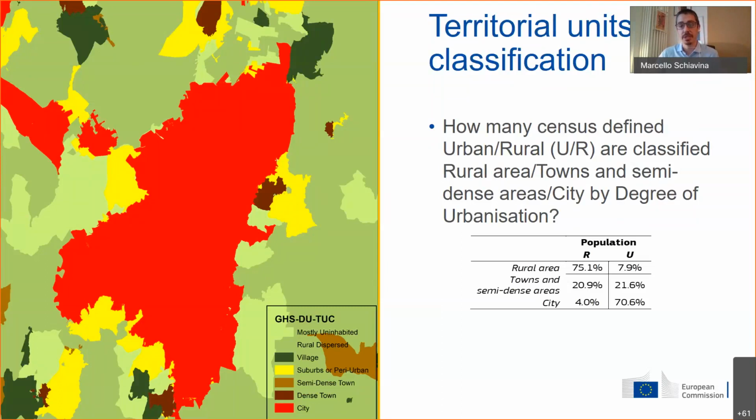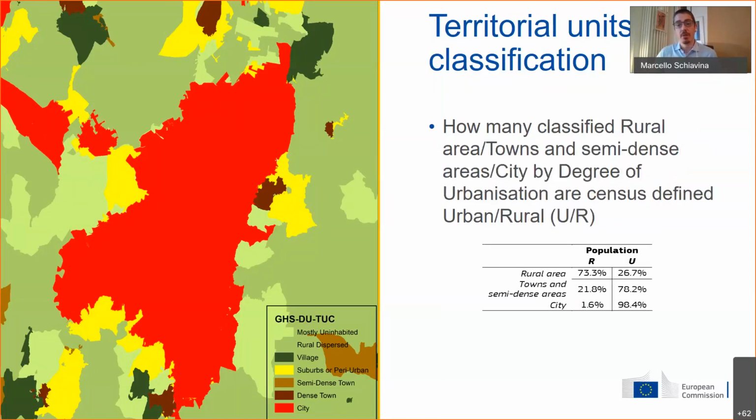And then, as we already saw in Deborah's presentation, we have something in between that is now classified as towns and semi-dense, that is 20% of rural population and 20% of what was classified as urban. On the other way around, we could see how much population lives in units classified by degree of urbanization as cities, towns, or rural, that was nationally defined urban or rural.